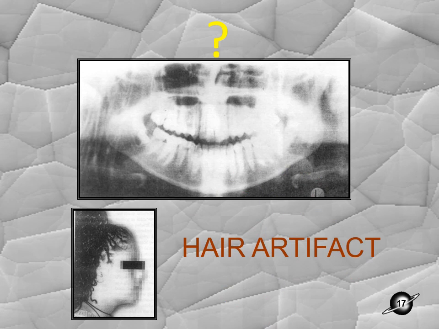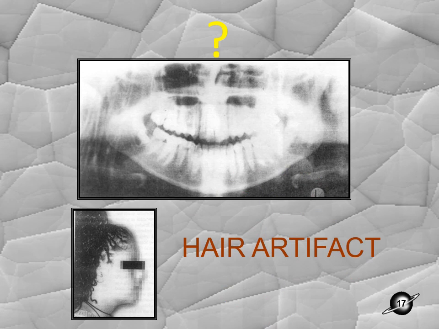And here on the left hand side of the image, we can see small radio opaque lines. All of you can try to guess what it is. Those are nothing but hair artifacts.